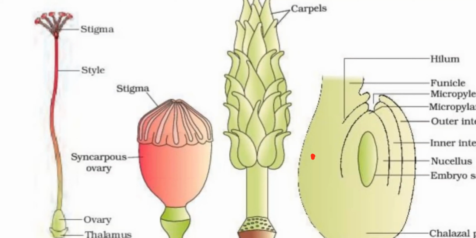Our next topic, megasporangium. In the male, we talked about microsporangium. Here we are going to talk about megasporangium, the ovule.